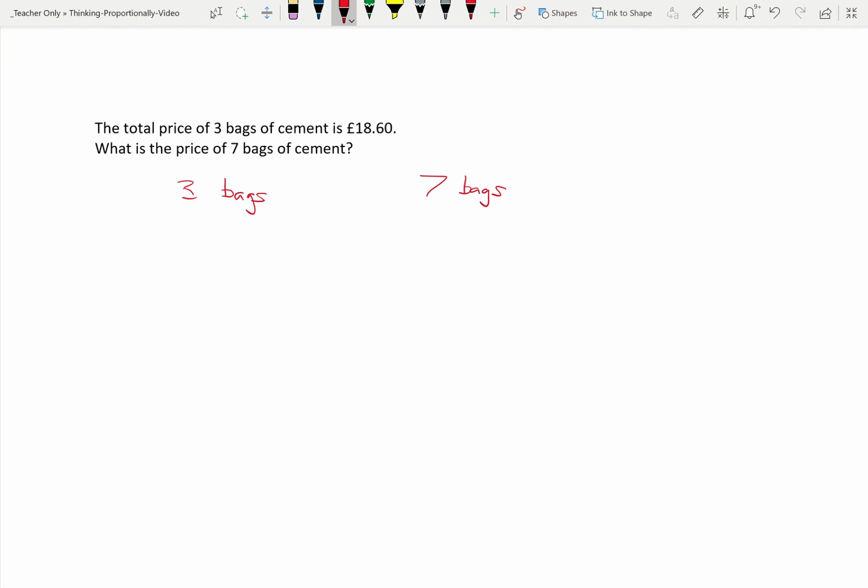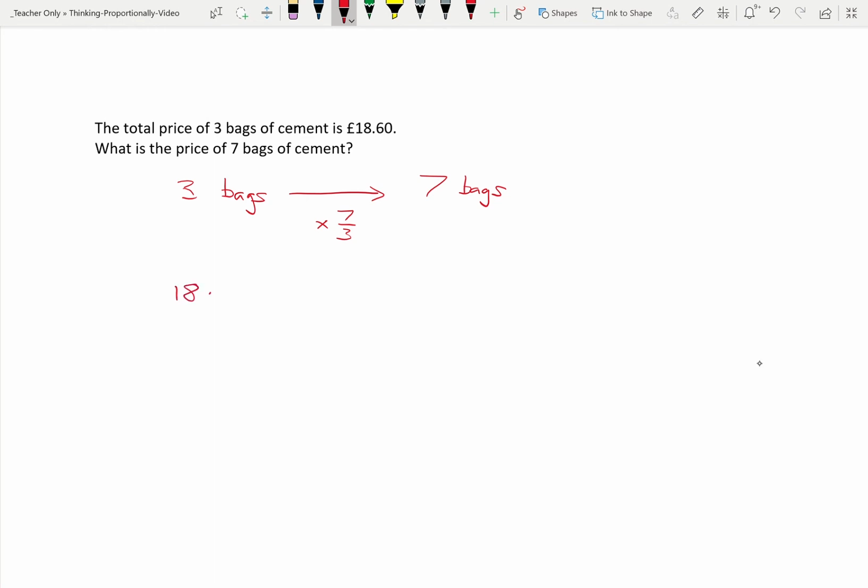Not 4. We don't want 4 more bags. We're thinking proportionally. We want 7/3 times as many bags. That's 2 and a bit. That's 2 1/3. But if we can do it as a top-heavy fraction, we need 7/3 times as many bags.